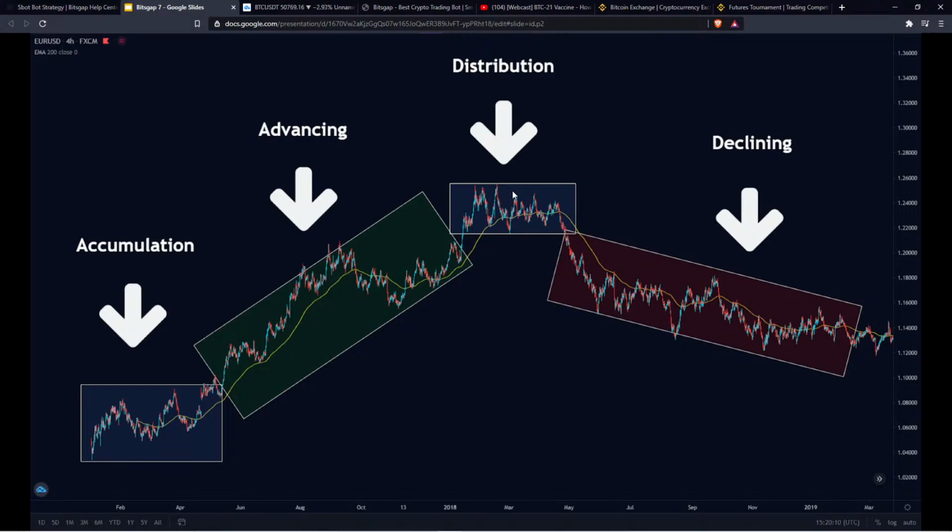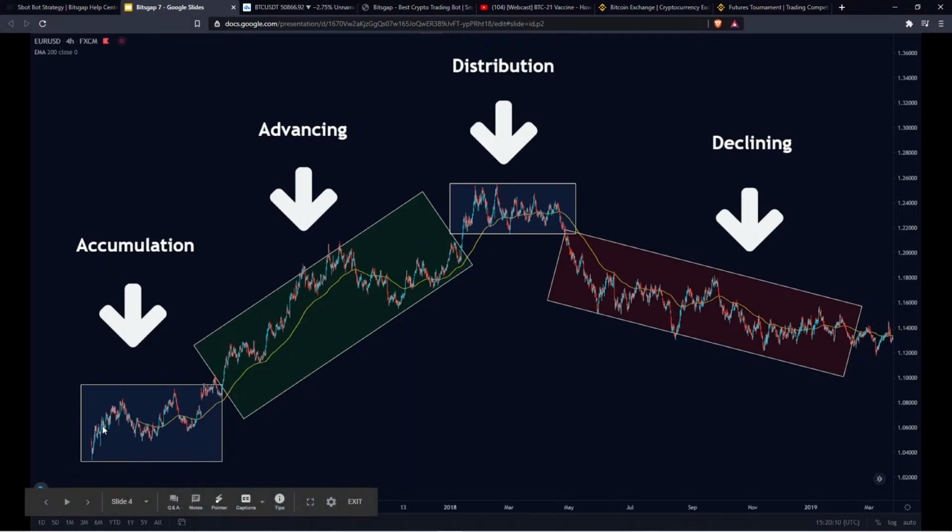You will see short sellers entering the market because they think that the price now is too high and most likely the price should fall, and that's why they open short positions, which eventually pushes the market down. So you see it eventually goes down.